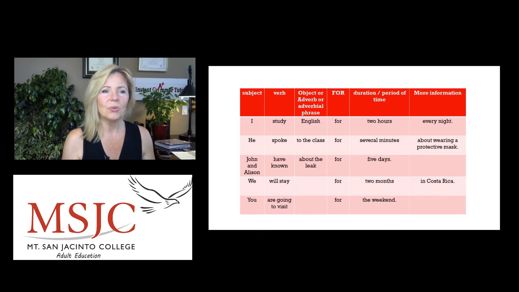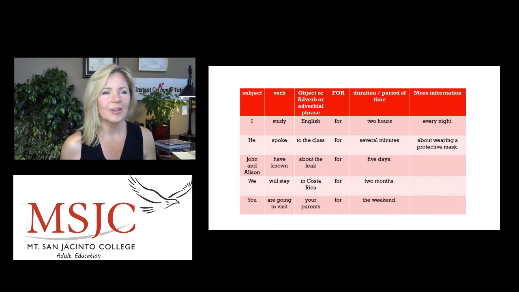So you see, you can take more information and put it directly behind the verb when appropriate. We will stay in Costa Rica for 2 months. You are going to your parents for the weekend.